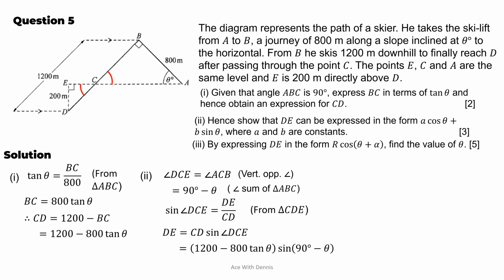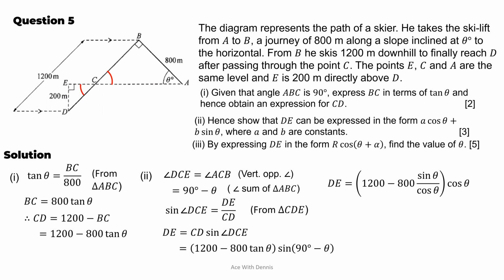We substitute CD with 1200 minus 800 tangent theta from the equation of part 1. So DE will be (1200 minus 800 tangent theta) times sine (90 degrees minus theta).